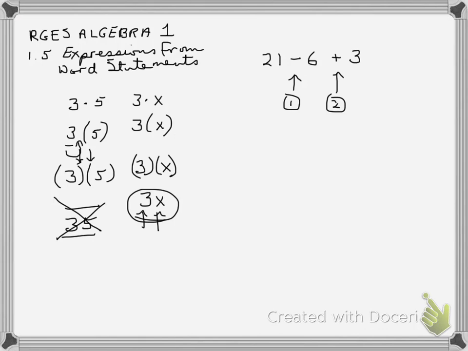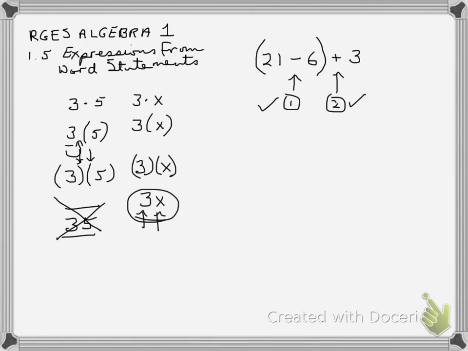And what did I say I wanted to do first? Subtract 6 from 21. There I did that first, and then add the 3. So I do not need parentheses. Now, would it be wrong to do this? No. You're free to do that. We would call them redundant parentheses. I would have known how to do that without the parentheses, but feel free to write the parentheses in.